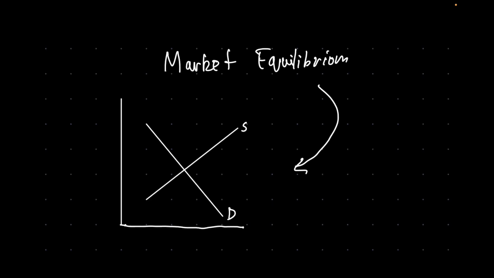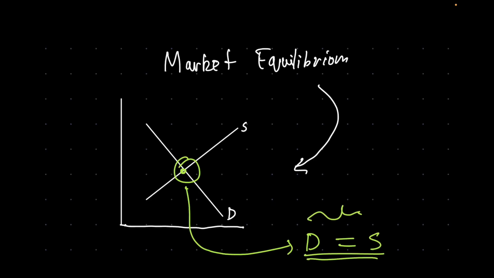You put both demand and supply on a single diagram. And this particular point right here, guys, this is where the magic happens. This is where demand equals supply. And this is what you call in economics an equilibrium point.